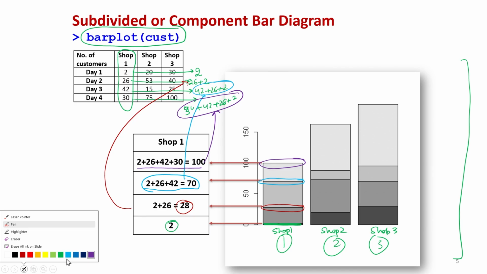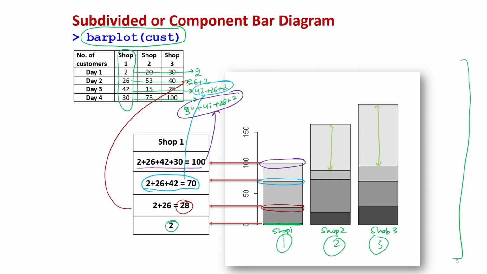For example, suppose you look at the lightest gray part in the 3 bars. You can see the shop number 3 bar is the largest, then shop 2, and then shop 1.